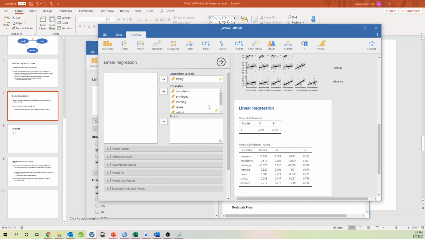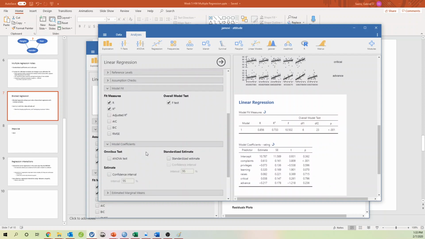So that doesn't matter. What matters is what is the difference between that hierarchical and forced entry regression? So right now we've got a forced entry regression. We go grab the model fit and the coefficients, standardized estimate coefficients here, just so we can look at those. And we're just going to look at one variable.